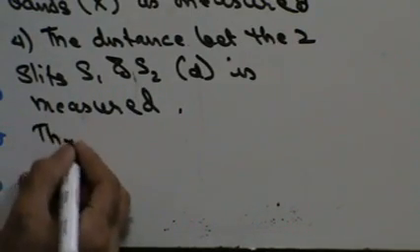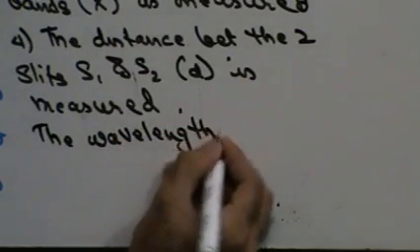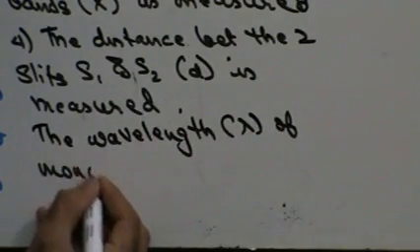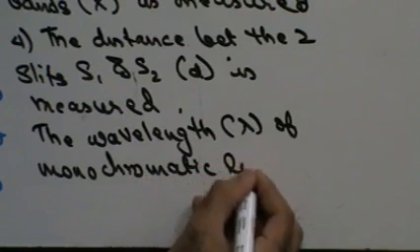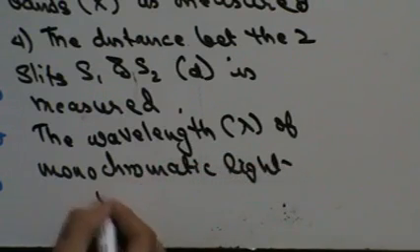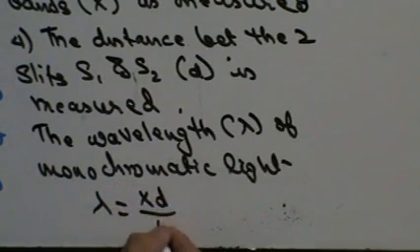Now, using this, Young found out that the wavelength lambda of monochromatic light can be given by the formula lambda = xd/D.